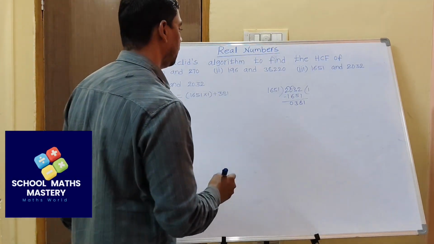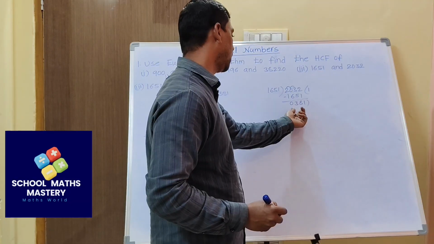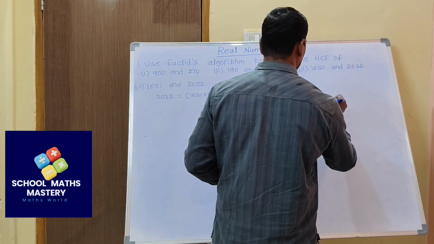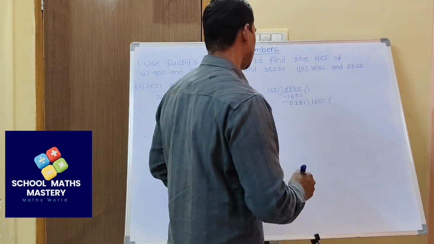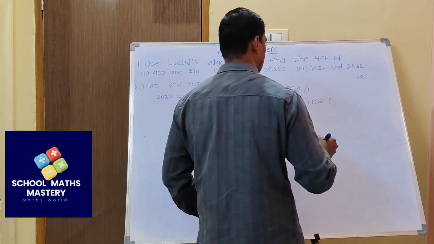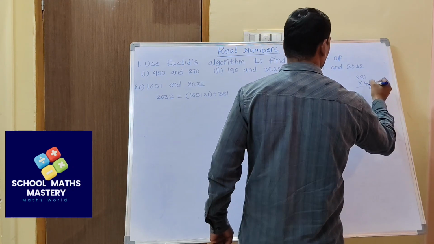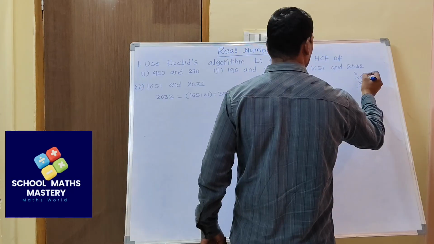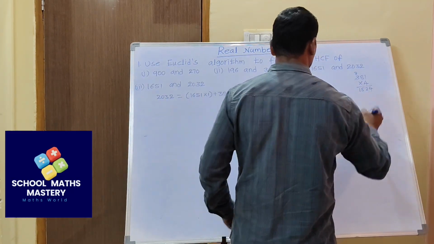Okay, then here 381 is changed like divisor, 1651 is changed into dividend. Okay, 381, 1651, so nearly 4 times. 4 ones are 4, 4 8s are 32, 2, 3 carrying, 4 3s are 12, 12 plus 3, 15, okay.